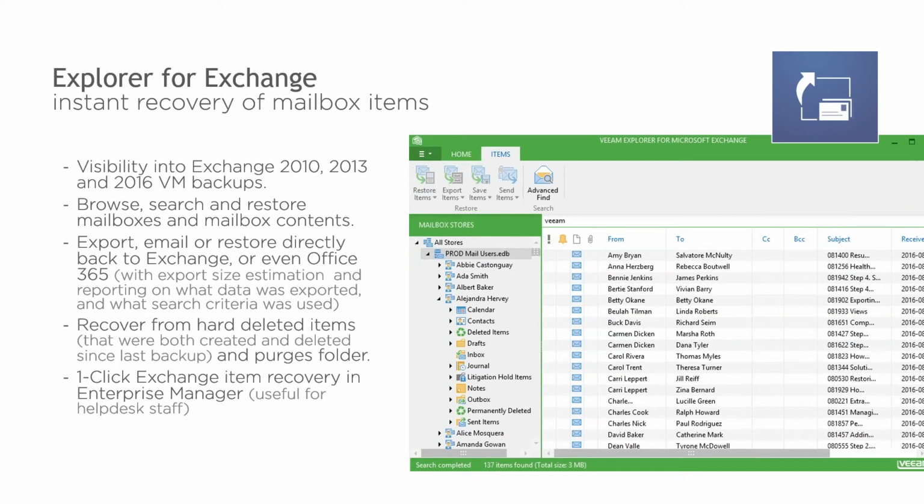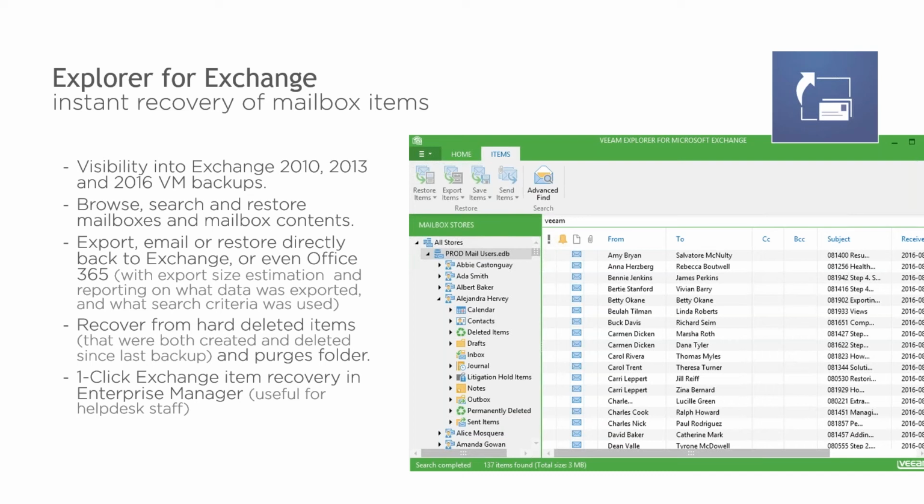So what we've got is our Explorer for Exchange. Directly from the backup console, you can right-click on that backup file and select the option to restore Exchange items. What that will do is in the background it'll mount your backup file and it will open the EDB file directly. You can now browse through your Exchange server, find the email items you want, find the calendar entries you want, pretty much anything inside that EDB file.